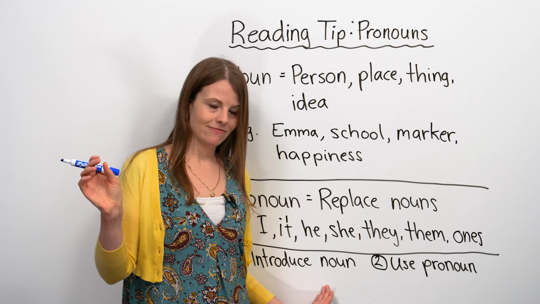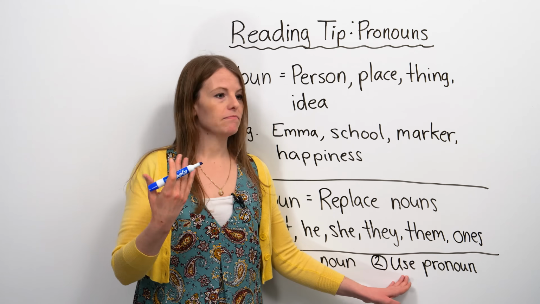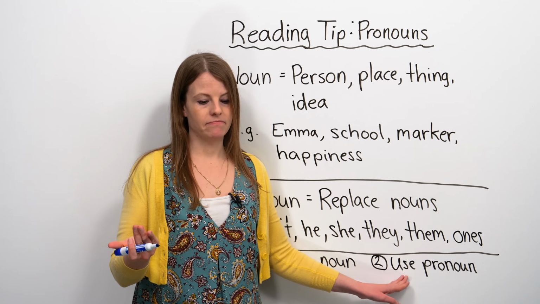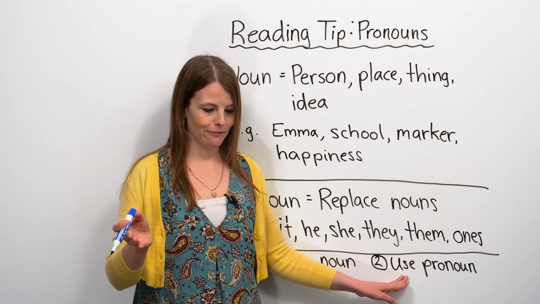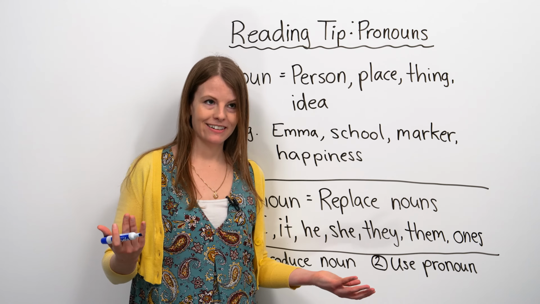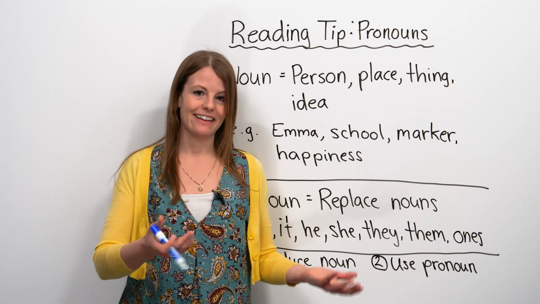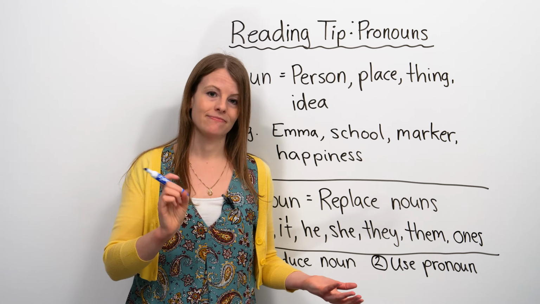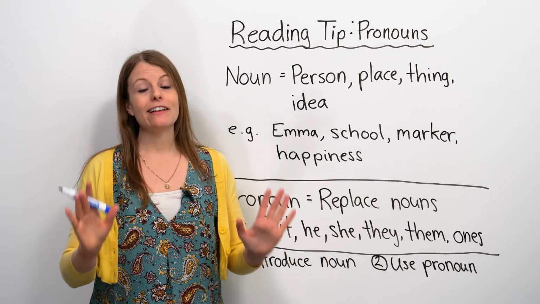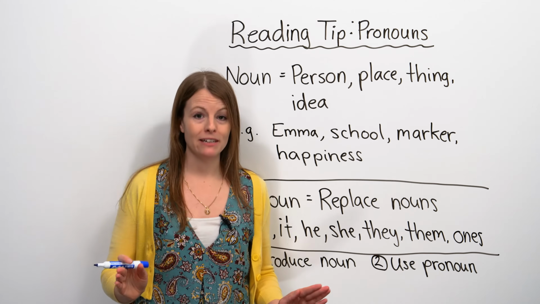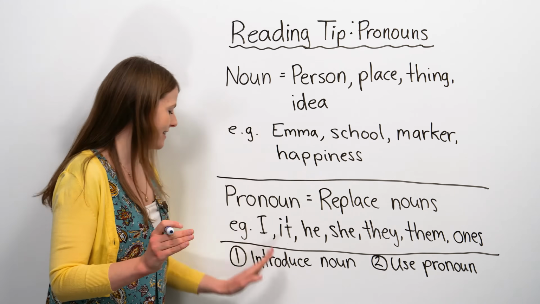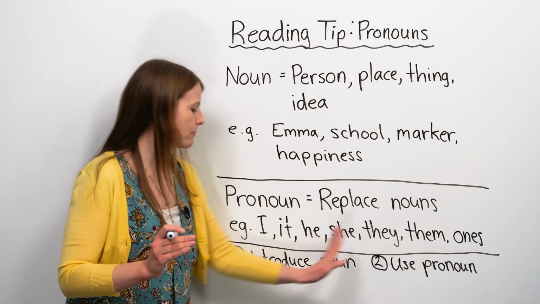School is fun. Let me think of a good pronoun for school. School is fun. I love going there. In this case, I use there to replace school. So I'm going to write some great examples on the board in a moment, but the main thing to know is that, again, a pronoun replaces a noun.